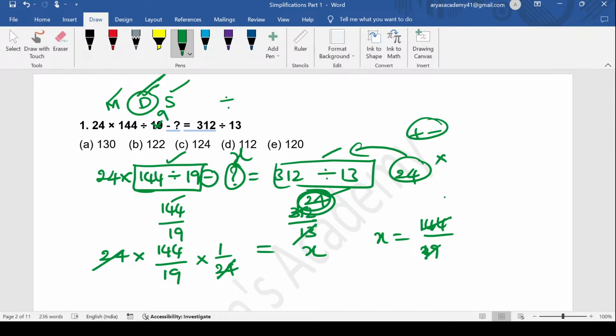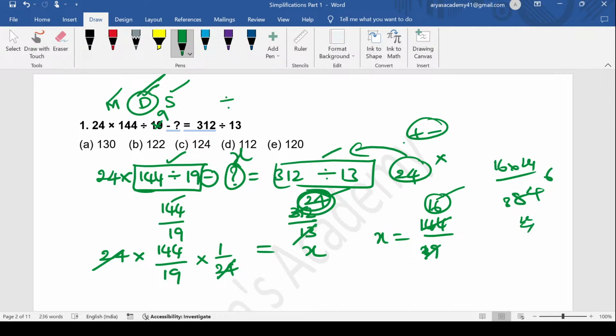But still we won't get this particular answer. 9 ones are 9, 9 sixes are 54, it becomes 16, which is not among the given options. 16 into 24, 16 fours are 64, 32, 384.